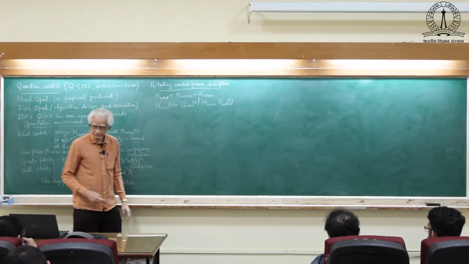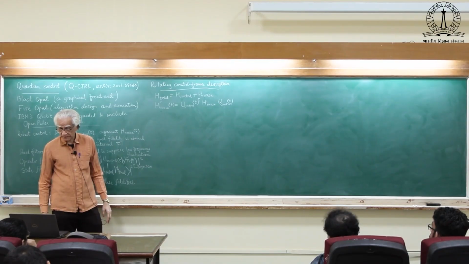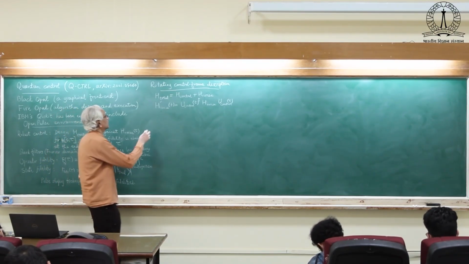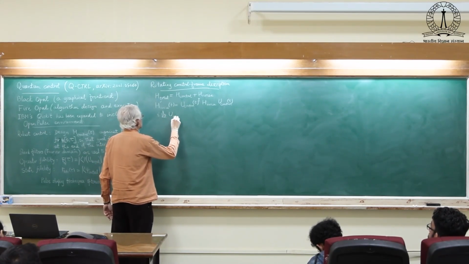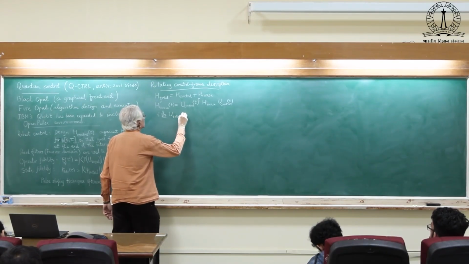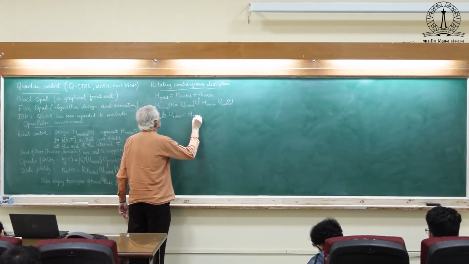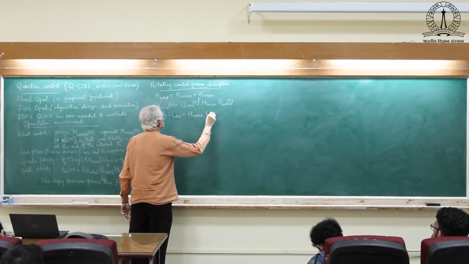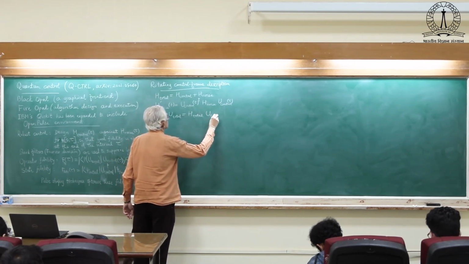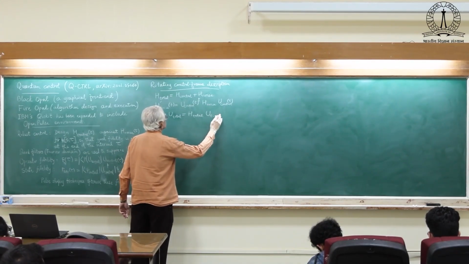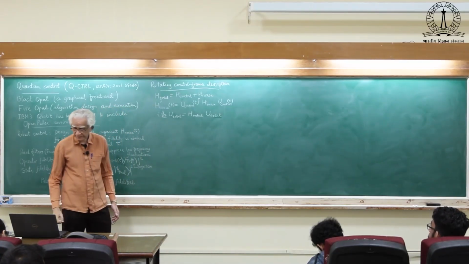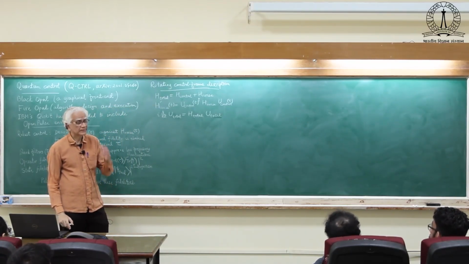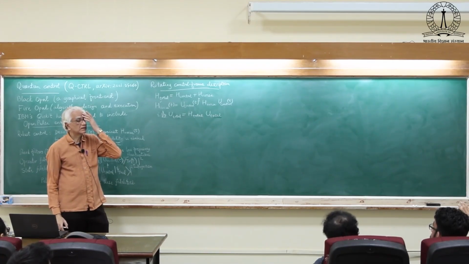So if you write down the usual Schrodinger equation, d by dt of it has a unitary transformation of H noise or H total.